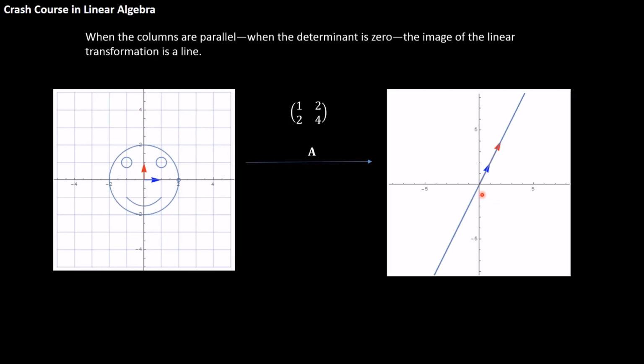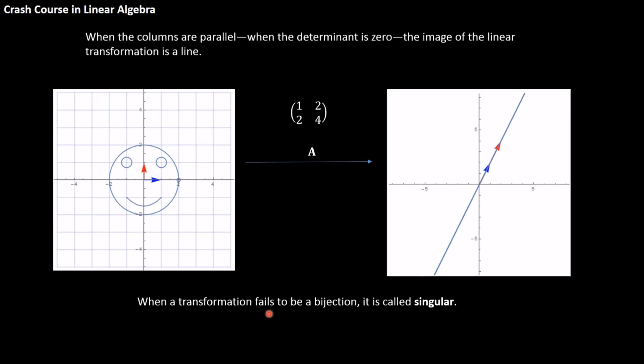I mean, take any point. Say, take this point right here where my laser pointer is, and there's literally no point in all of space that maps to that point. It is no longer in the image or the range of our function. So our range or our image has been compressed to a single line through the origin.